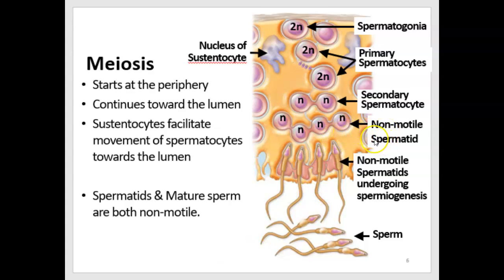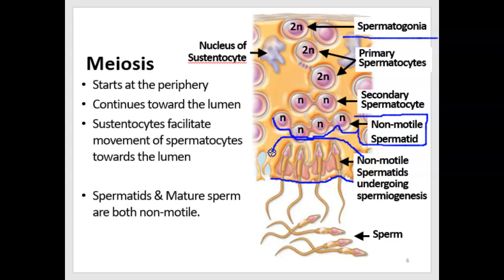So these spermatids that form are non-motile. They can't move other than just by the proliferation of cells at the periphery kind of pushing them through these tight junctions to get towards the lumen. In this picture, you see a process occurring.